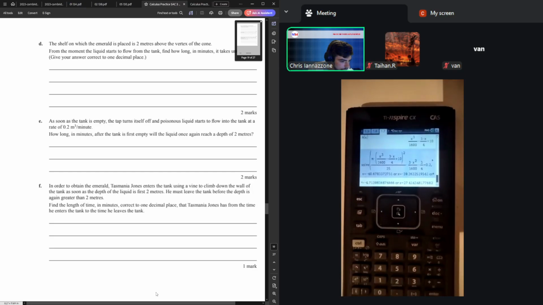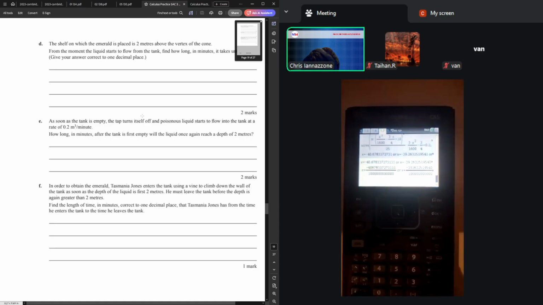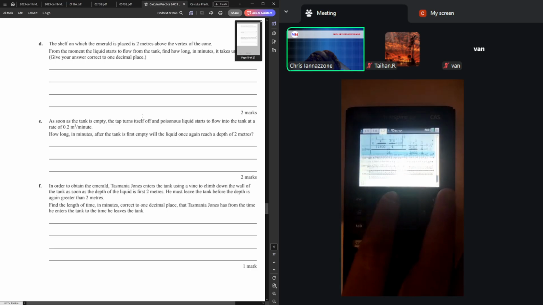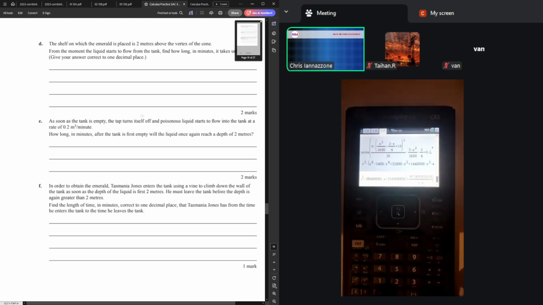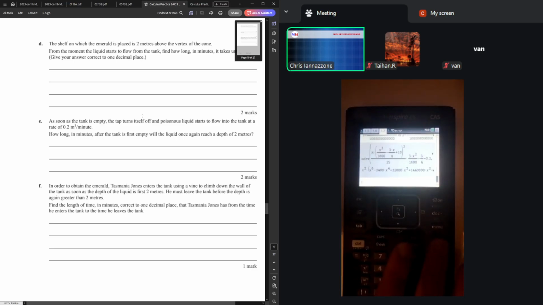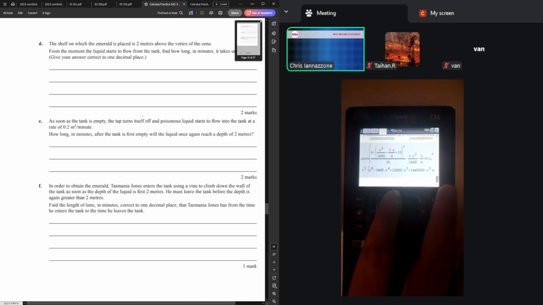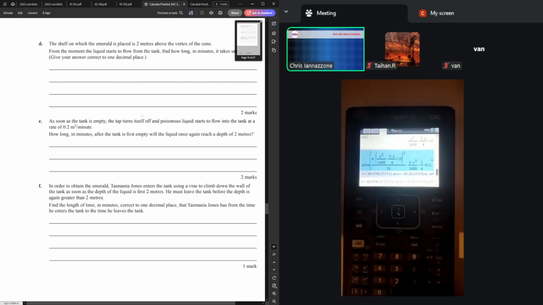Now let me just double check. This one you actually needed exact, so let's grab that specifically. Uh-oh. How are we going to get exact? That's a bit of a shocker.